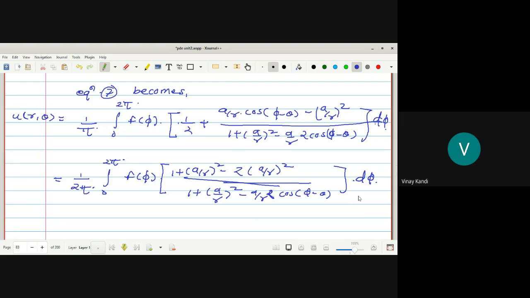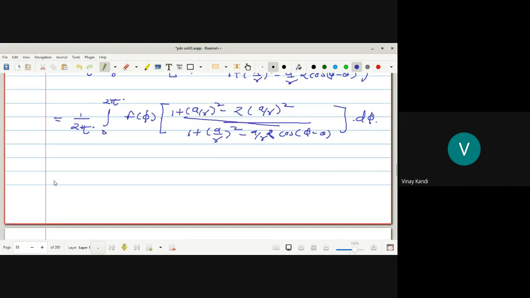Okay, so hence we get this is equal to u of function of r and theta.